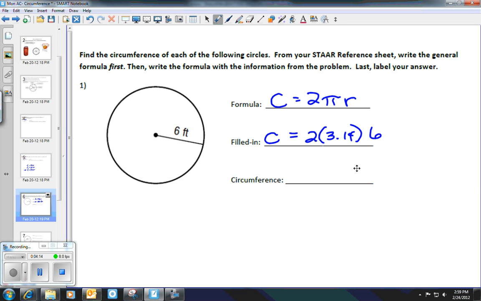And the answer for that is going to be 37.68 feet. Okay, it's a linear measurement. It's not feet squared. So 2 times 3.14 times 6 ends up being 12 times 3.14. And then when we multiply that out with our calculator, we get 37.68.